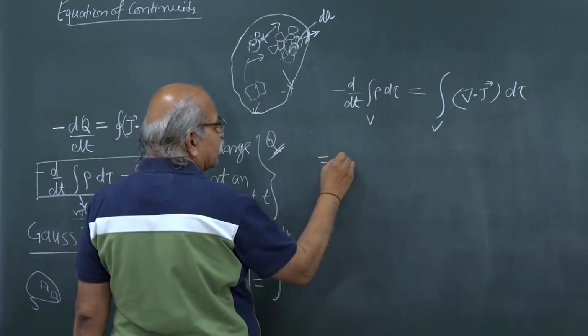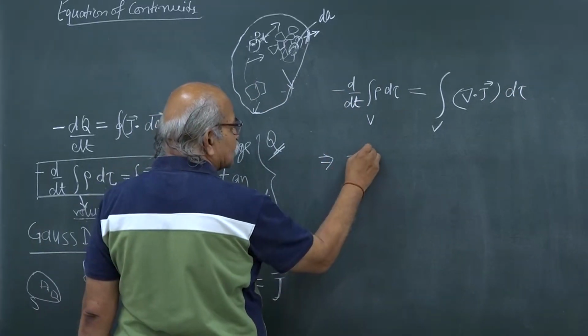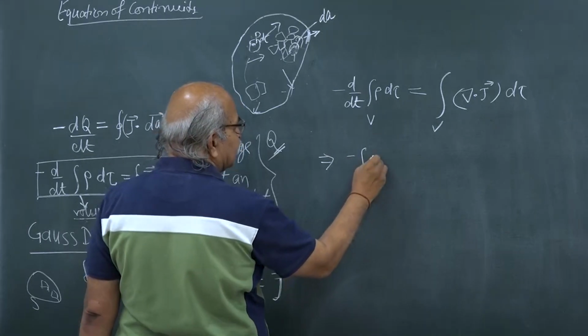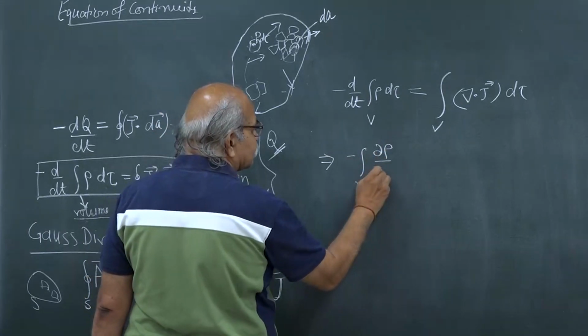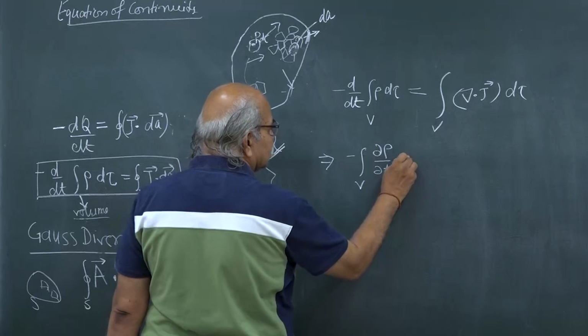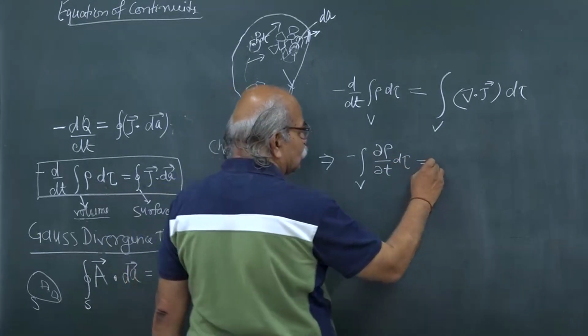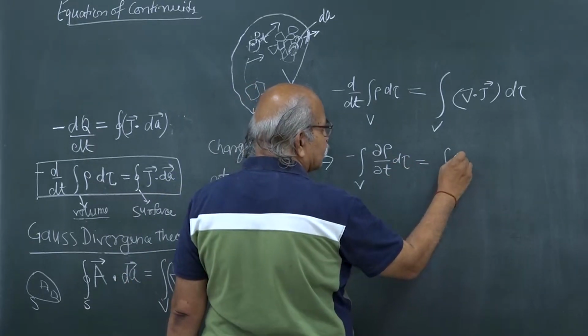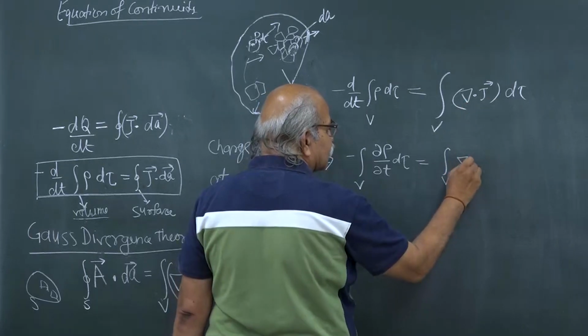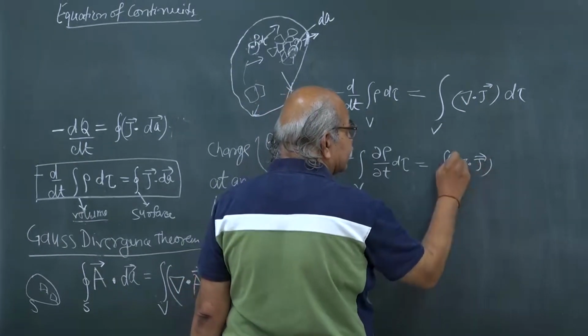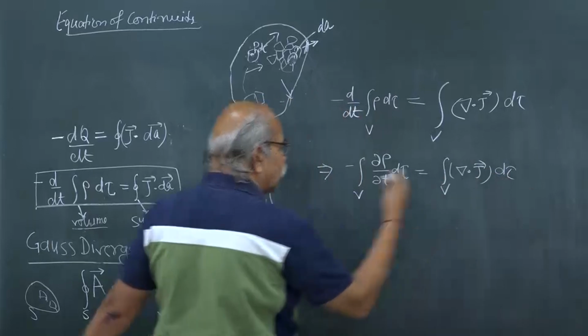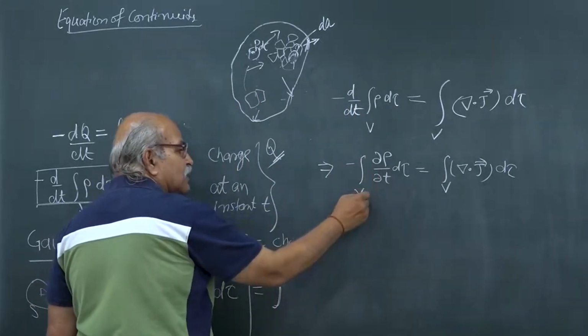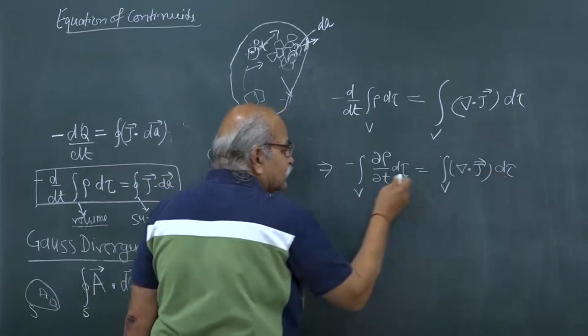So this you can now write as minus integration over V of del rho del t d tau is equal to the integral over V of divergence of J d tau. Now you have the same volume here and the same volume here, d tau here, d tau here.